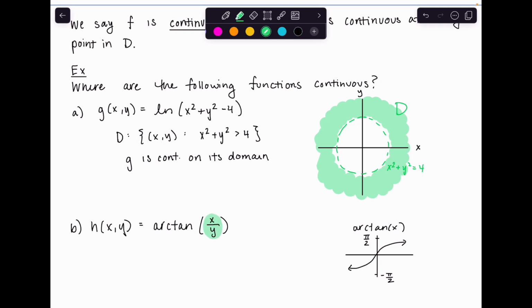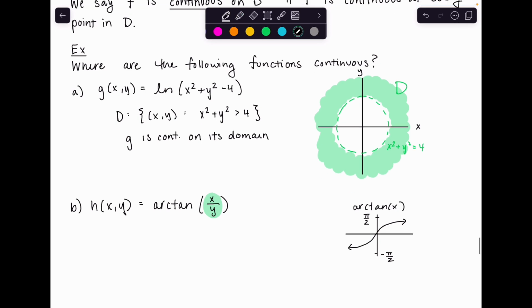So the domain of this function is I can plug in whatever I want, but because I have x over y here, my arctangent function will be continuous as long as this inside function is also continuous.